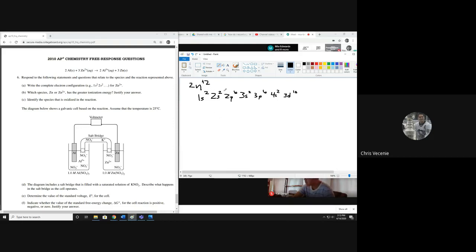We get 2, 4, 10, 12, 18, 20, 30. So like we said, the first 2 electrons come from the highest level.